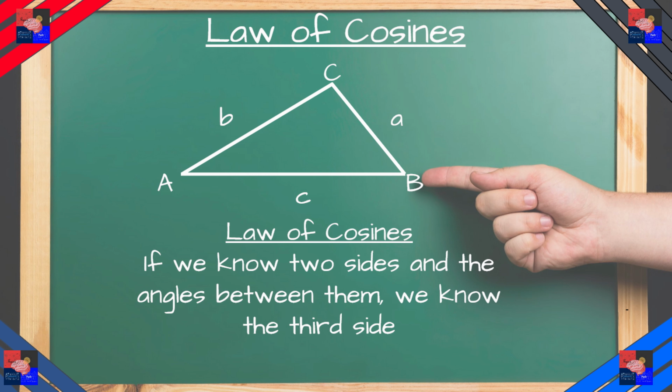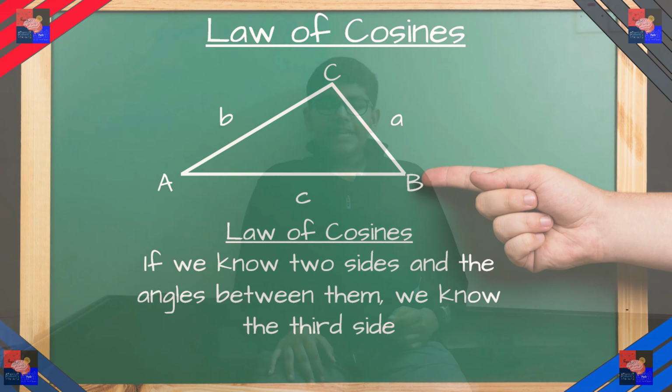Now, in the law of cosines, we use essentially a sort of Pythagorean theorem, in the sense that it uses square terms for triangles to talk more about oblique triangles, specifically triangles where we know both the sides and the angle between them, or when we know all the sides, which we'll go over later.